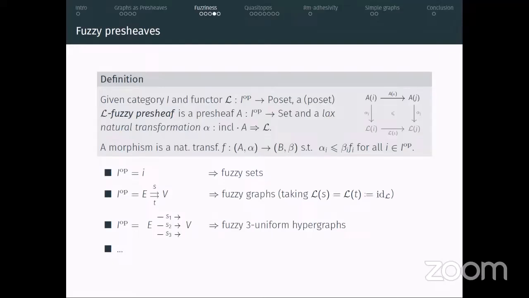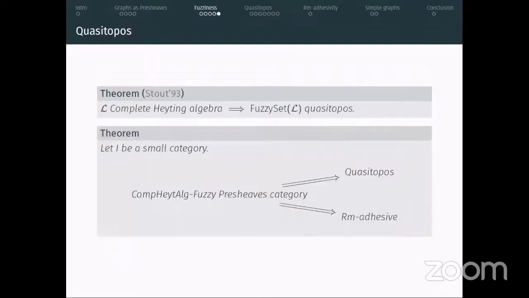Now, for this theorem here about Stout, this is an implication, but is this an if and only if? This is not known yet. I tried to look into it. It's not that obvious. It looks like it also should almost be the case.